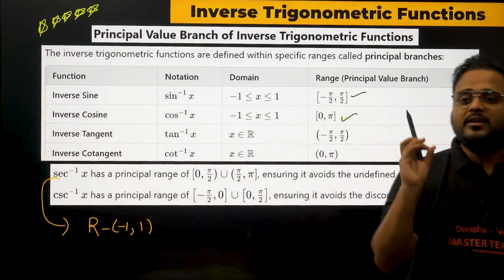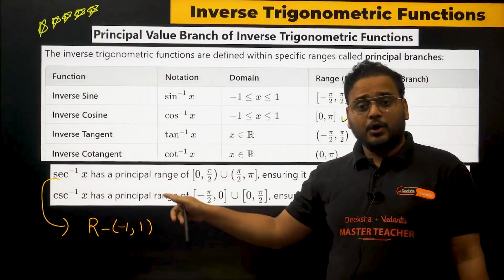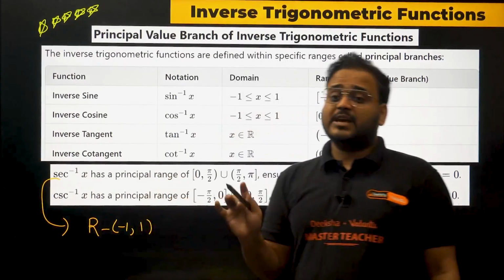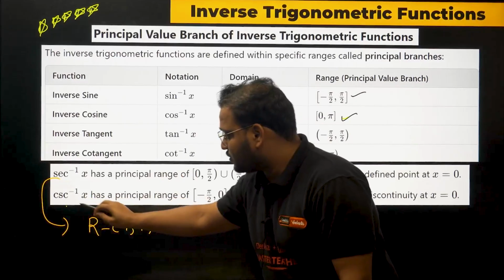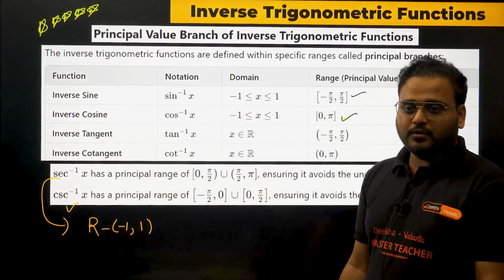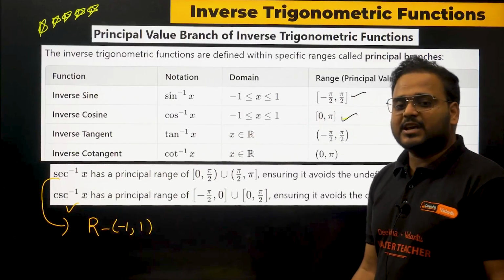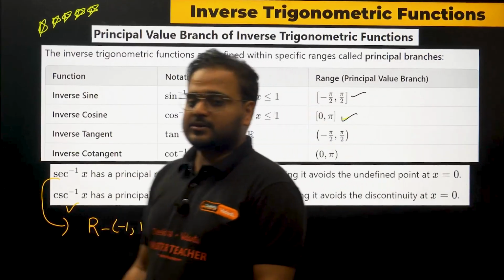Remove all the real numbers between -1 and 1, excluding -1 and 1 themselves, meaning -1 and 1 will be part of the domain of sec inverse and even cosec inverse also. The same domain is there for both of these. Got it? That's for sec inverse and cosec inverse.